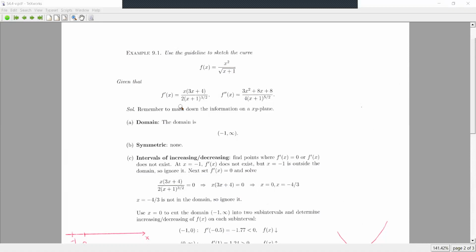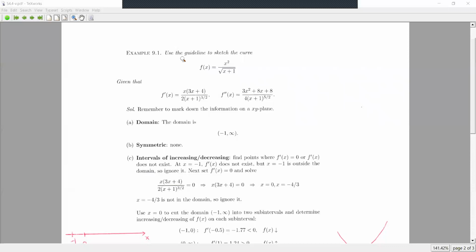Because the computation of derivatives is difficult, this example directly provides us the first derivative and second derivative. So we don't need to compute the derivatives of this function ourselves.